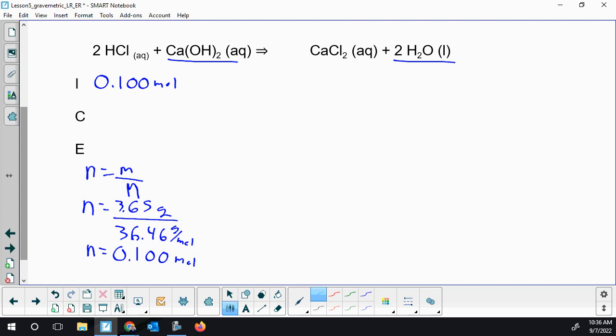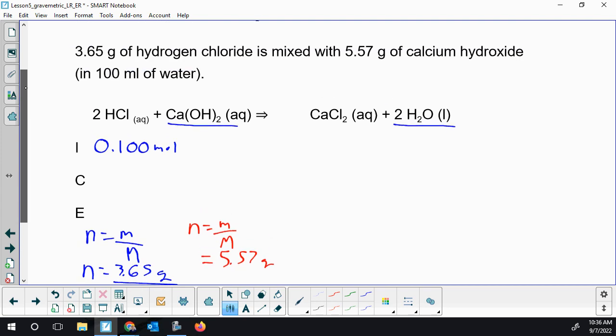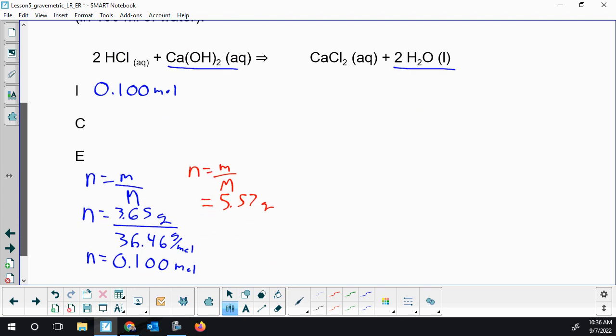Now I'm going to do the same thing with the calcium hydroxide. The mass is 5.57 grams divided by the mass of 1 calcium.